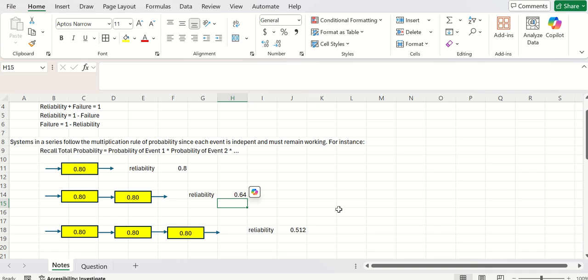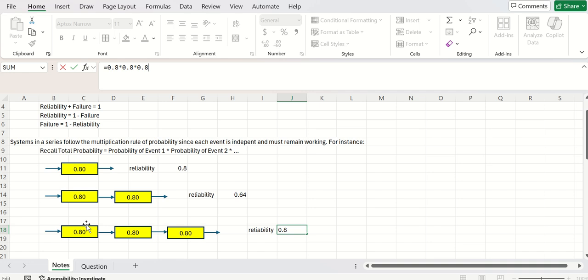So that drops us down to a 64% chance that this is going to remain operational. It also means that there's a 36% chance that it's going to fail. We can continue this again by adding another component, and as we would expect, that is nothing more than the probability of the first thing happening, the second thing, and then the third thing.